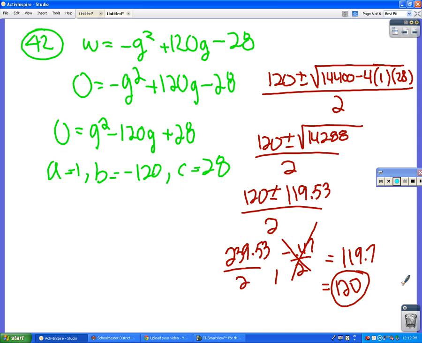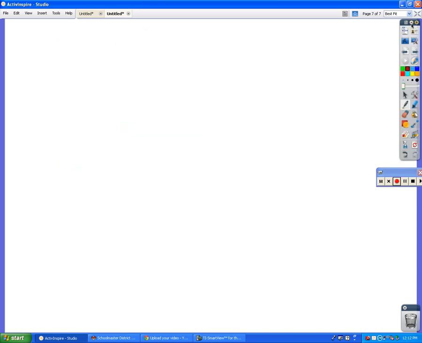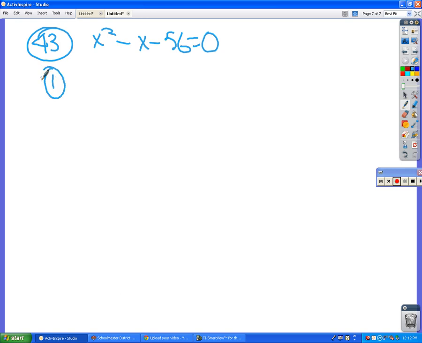Okay, and then 43. It says describe 3 different methods to solve this problem. So we talked about those at the beginning of the class. What's one of the ways you can solve it? Quadratic formula.